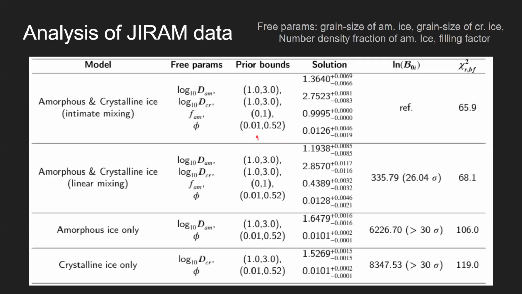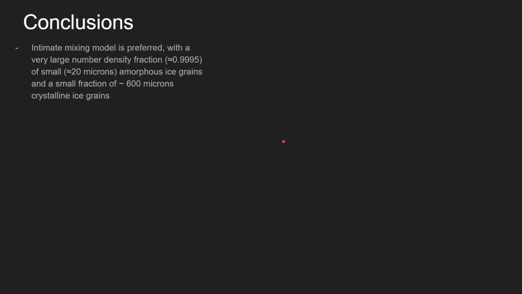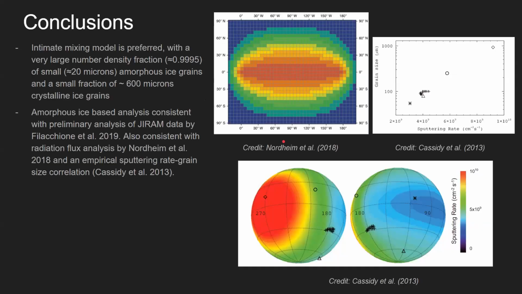The goal was basically to see whether the results that we have, as I showed towards the end, are consistent with the broader trend of results that have been found from Galileo and other spacecraft missions or ground-based analysis.